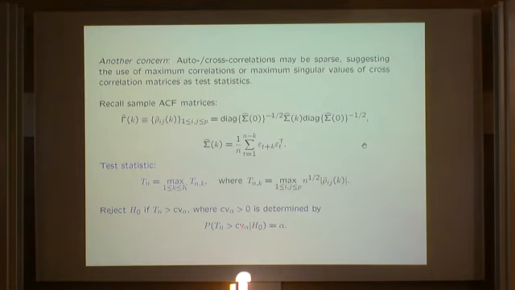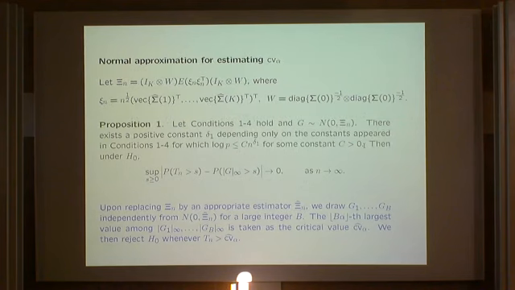The question is, we need to work out the p-value for this test statistic. If we know the critical value CV alpha, then we are done. How do we do that? This is a normal approximation. Intuitively, what we have is a capital K times p squared long normal vector, and we take the L infinity norm. Therefore, to simulate the p-value, we try to figure out what this long normal random vector is.